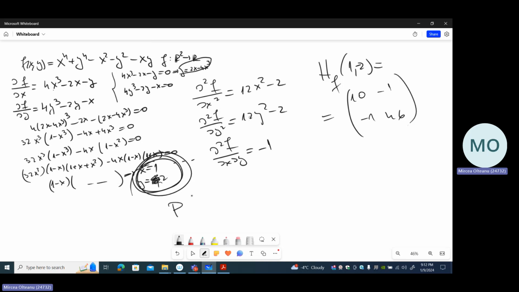Now the eigenvalues, we need to compute the characteristic polynomial. It will be the determinant of 10 minus lambda, minus 1, minus 1, 46 minus lambda.